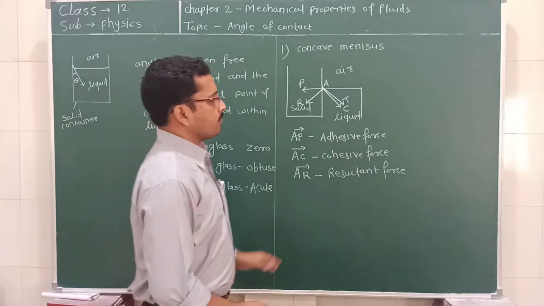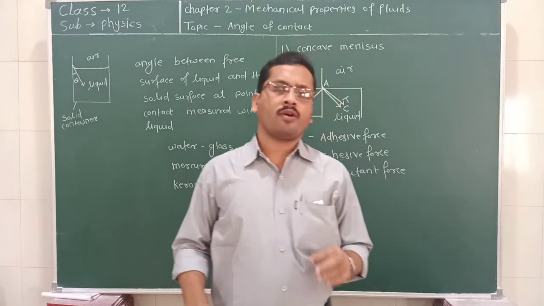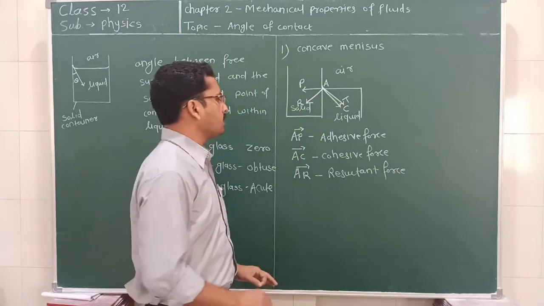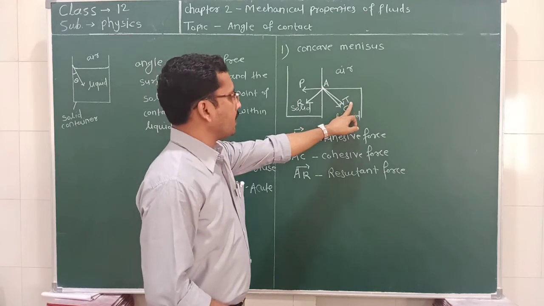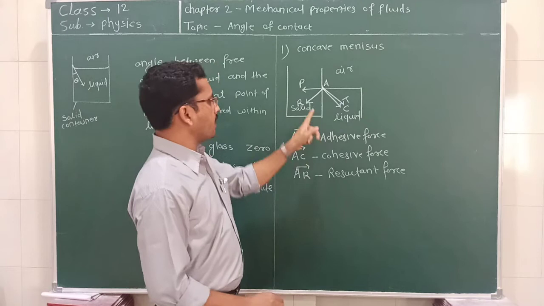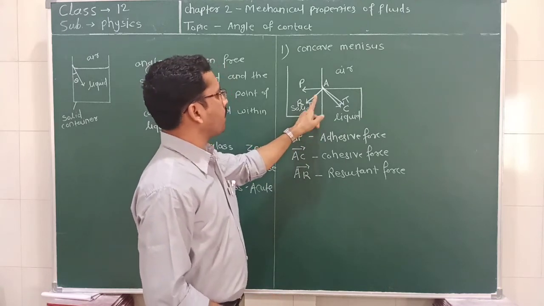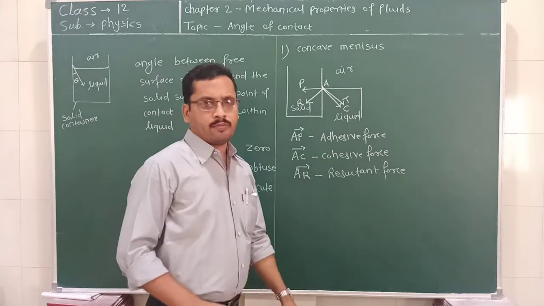For the stability of the liquid, or for the equilibrium of the molecules, this tangent must be normal to the resultant, or we can say that the resultant force is perpendicular to the tangent surface.